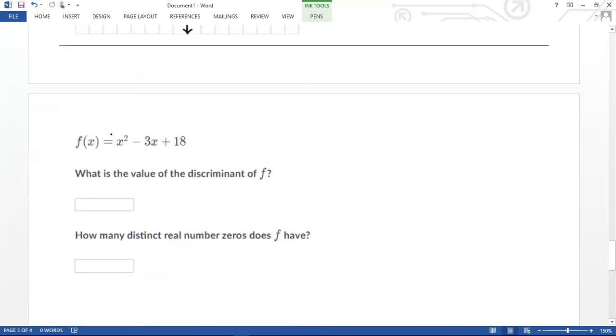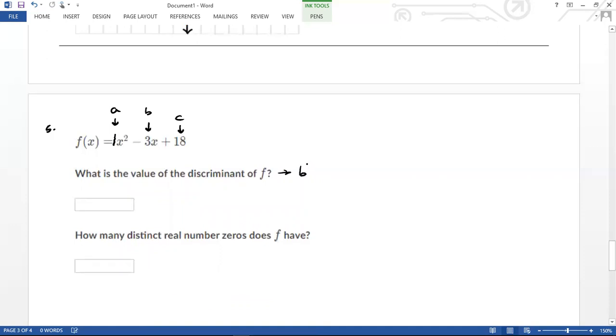Okay, so on this one, in front of the x squared, there's just a 1. So that's the a. Our b is negative 3. And our c is 18.